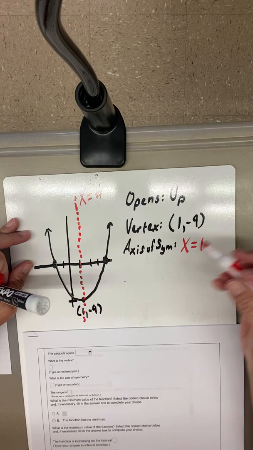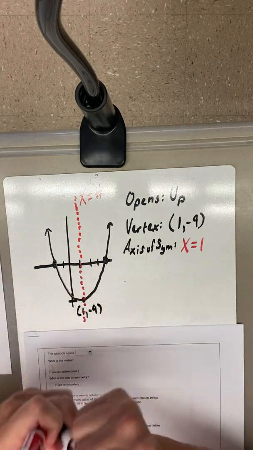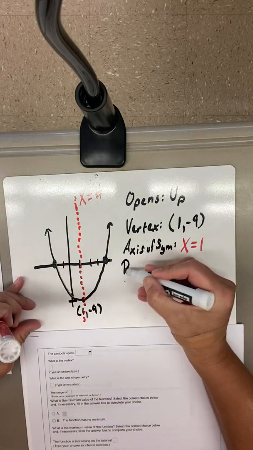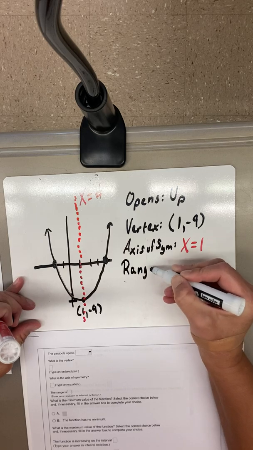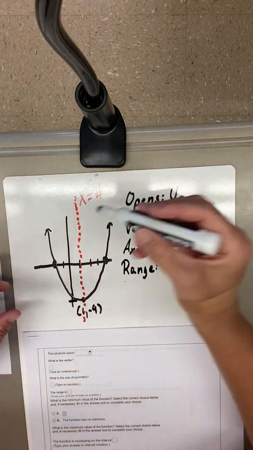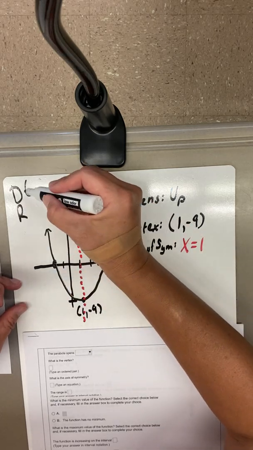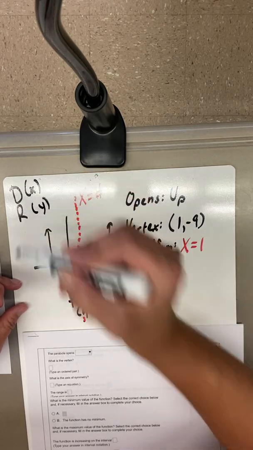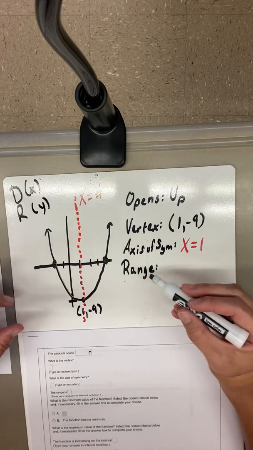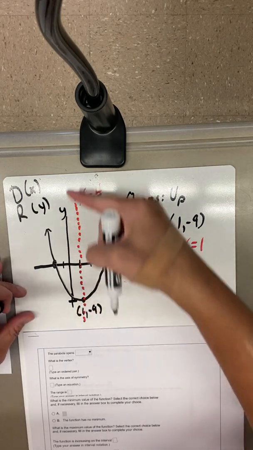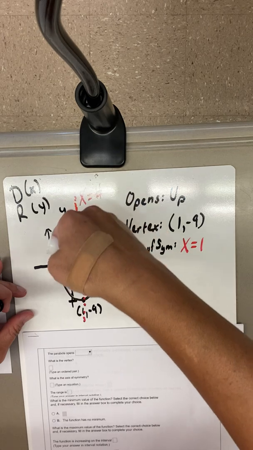All right, next it wants range. The range are the y values. Remember domain and range: D comes before R in the alphabet, and X comes before Y. So we're looking at y. The y-axis goes up and down. So how low does the parabola go?